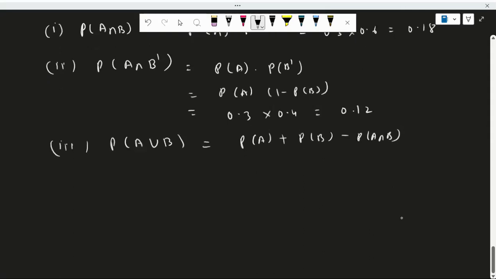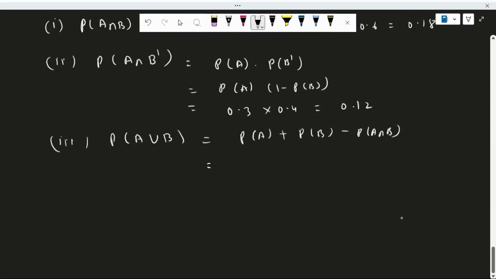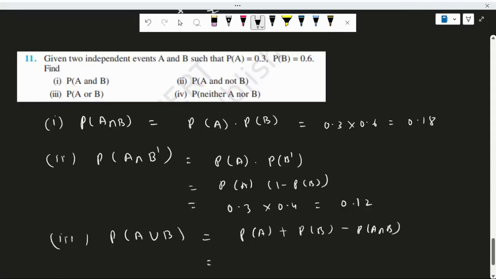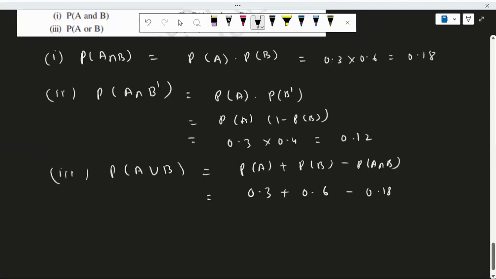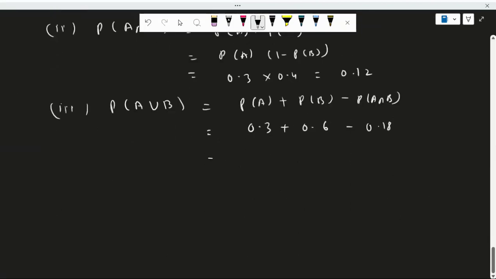P(A) is 0.3, P(B) is 0.6, and A intersection B is 0.18. So 0.9 minus 0.18 will be 0.72.